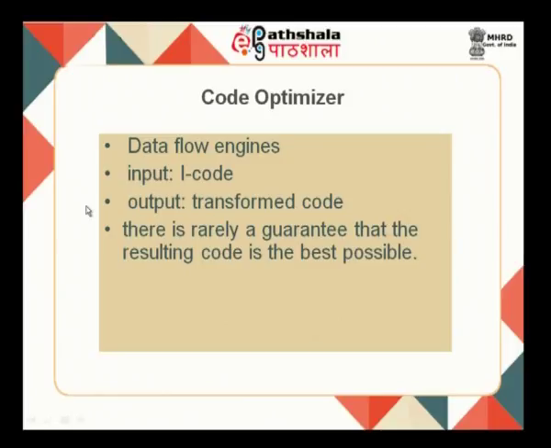Now, there is a simple thumb rule in code optimization: if the cost of optimization is going to be more than the cost of generation, do not try to optimize. So, the intermediate code will be given as input to the optimizer.